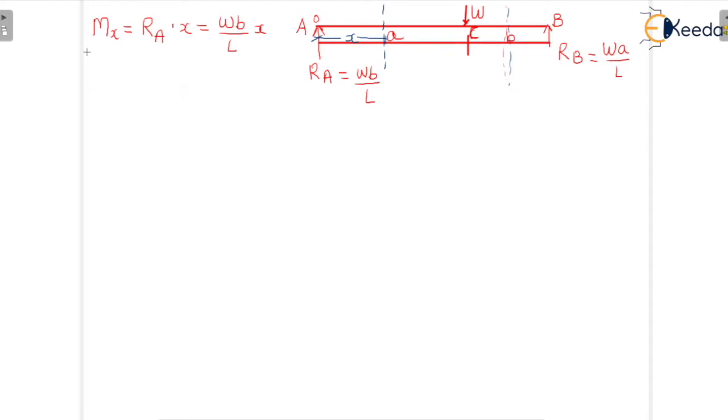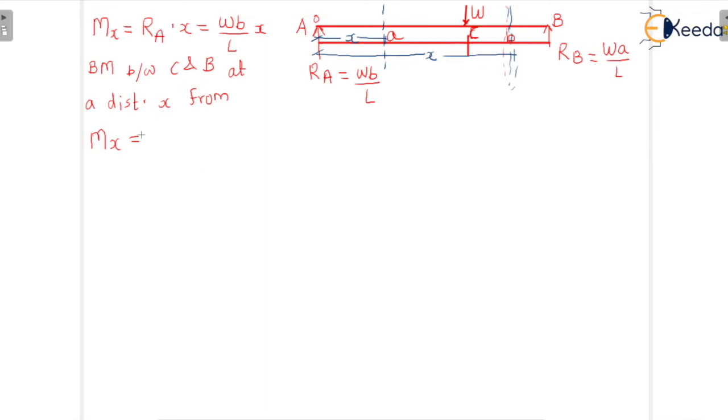So let us write the bending moment between C and B at a distance, this is important to understand, x from A. The same distance we are carrying. Now our next section is here, at any distance x. How will our equation change? We write M of x again as load into perpendicular distance, taking moment at this point.